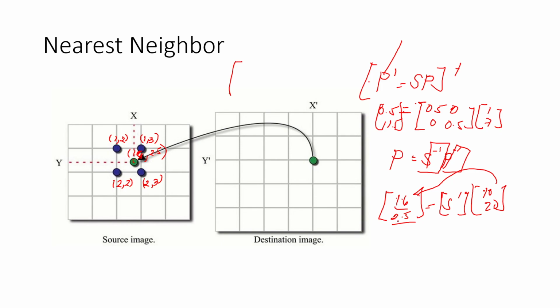So the question is, which intensity, because we have to copy intensity. So let's say this intensity is around 255. This 255 intensity should be put within the destination coordinates, which is 1.6 and 2.5. It happens that 1.6 and 2.5 cannot exist here, right, or do not exist here.